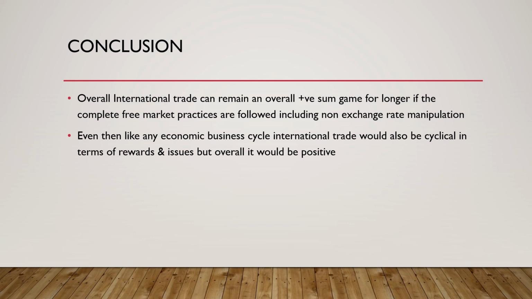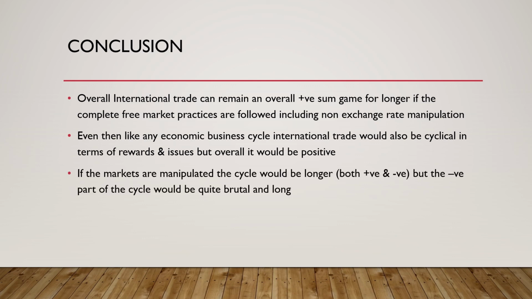That is, there would be rewards and there would be risks. There would be highs and there would be lows in the economy. However, if the markets are manipulated, as we have seen, then the cycle would be longer. Both positive and negative cycles would be longer, and the negative cycles would be pretty brutal and last for a longer time.